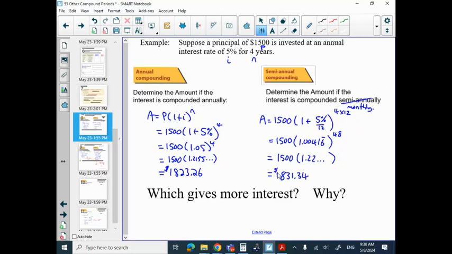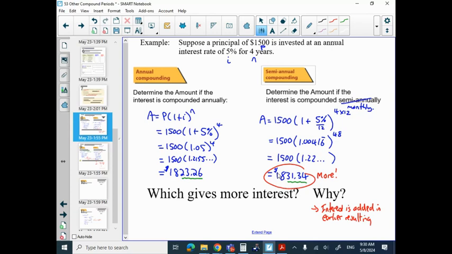1,831.34. Okay, so notice that we had 1,823.26. Now we have 31.34. So it's more interest, right? We have the 23.26. Which one's more? Well, this one's more. And it's because of interest being added in earlier. Resulting in more money being invested earlier, right?